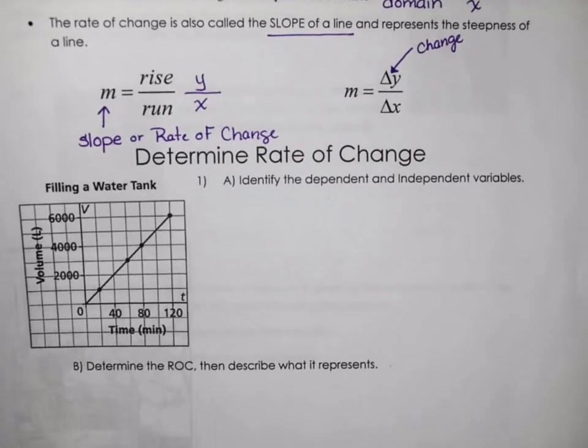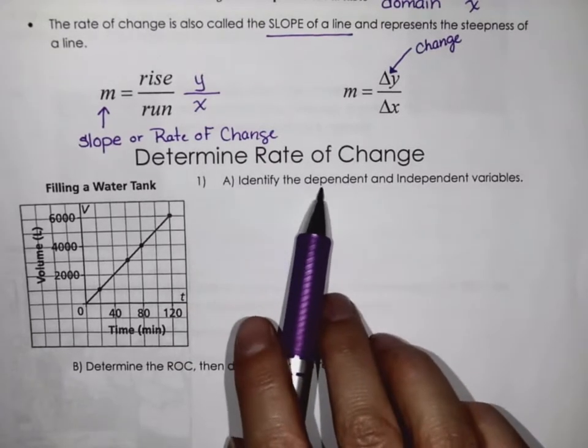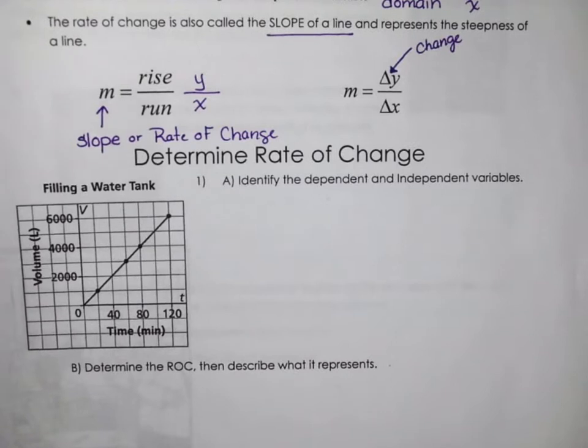So now we are going to figure out the rate of change for this graph. Is this a linear function or a linear relationship? Yes, you are correct. Do we know why? Just looking at the graph, how can I tell? Straight line. Okay, it's a straight line. So this is linear. So if we know it's linear, we know that there is a consistent rate of change. So we're going to identify the dependent and independent variables.